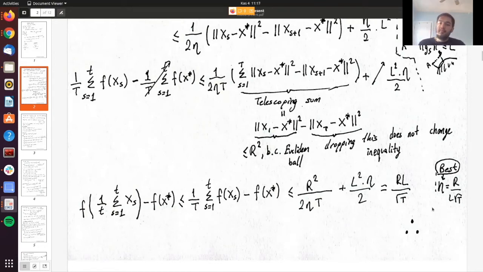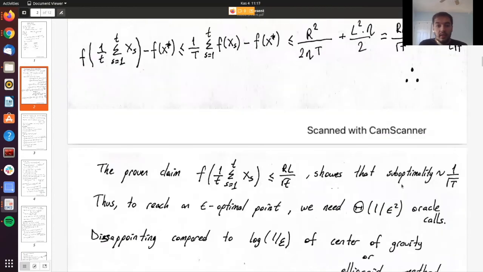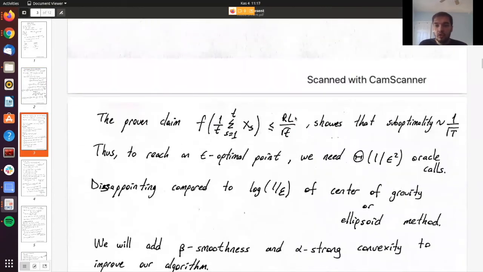And here is the suboptimality, and it shows that the suboptimality scales with 1 over square root of t. That means to reach an epsilon optimal point, we need 1 over epsilon squared oracle calls.